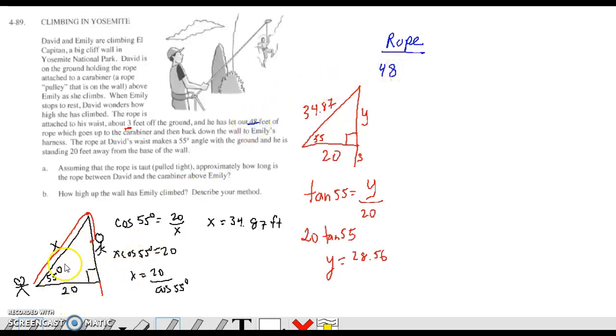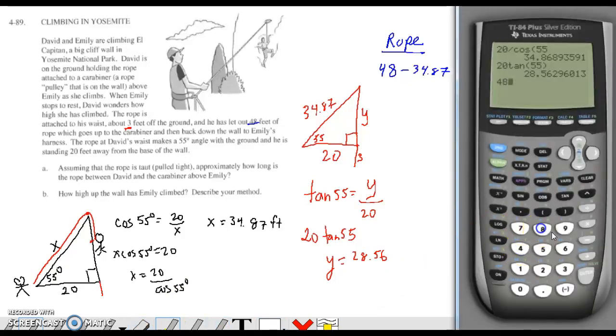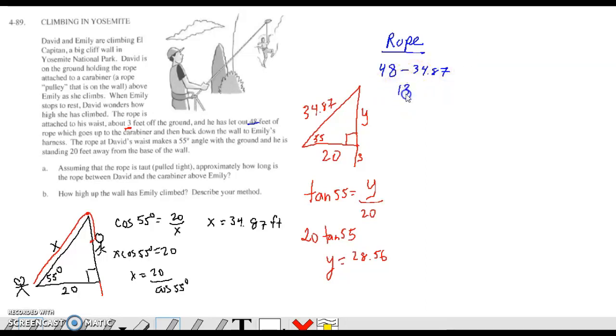I used 34.87, so I'm going to go ahead and subtract 34.87, right? So again, use my calculator, 48 minus 34.87. So that means that there's 13.13 feet left of rope. So that means this guy right here to right here is that 13.13.